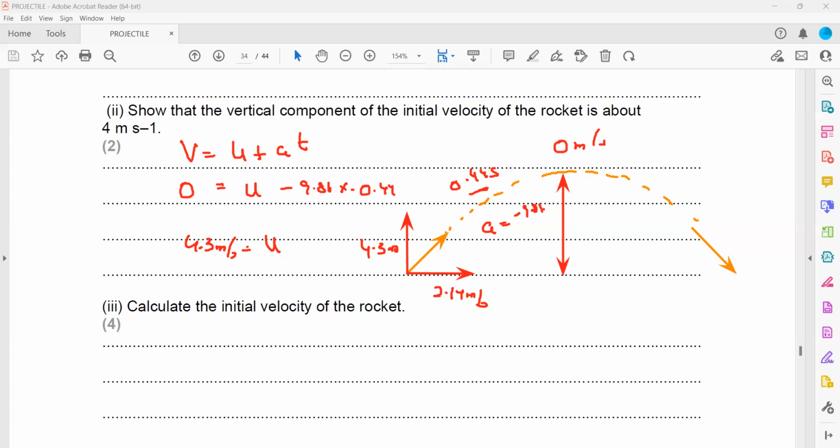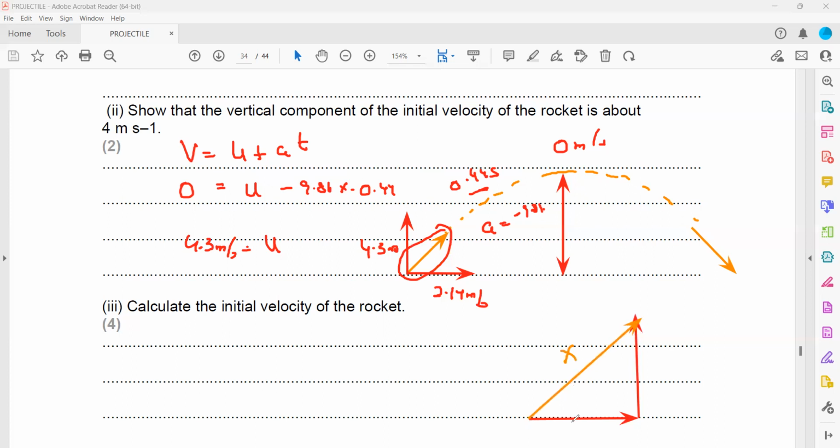I have horizontal and vertical components, so if I use a right angle triangle, I have the base, I have the perpendicular, and I need the hypotenuse.